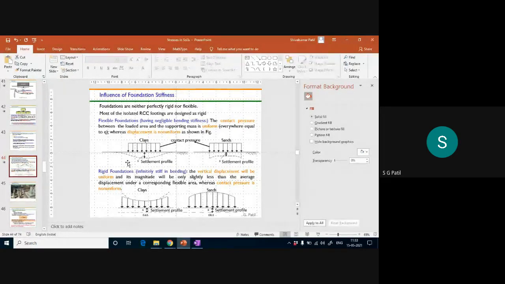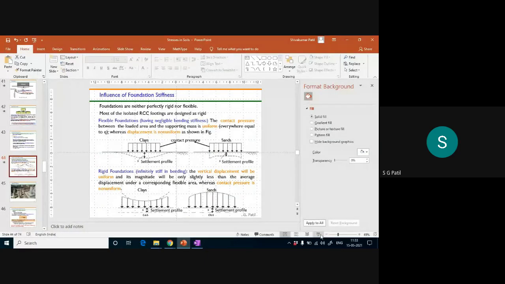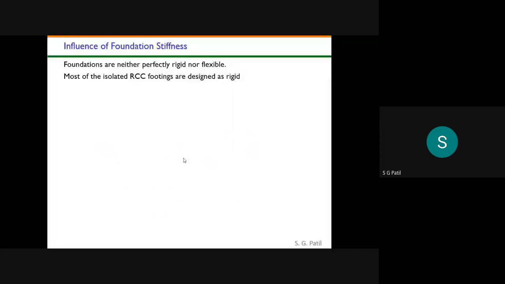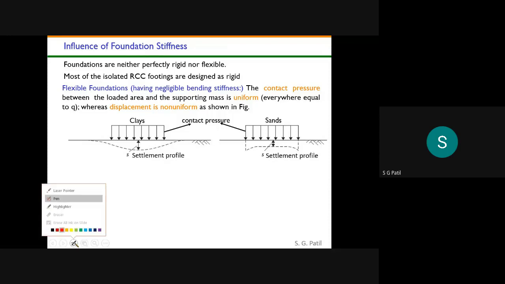As we saw in our previous class, if you have a flexible foundation, the settlement profile will be varying, in case of clays and in case of sand, whereas the contact pressure is uniformly distributed.